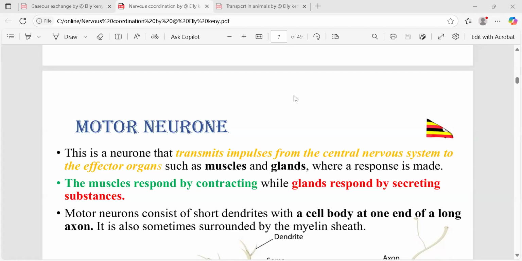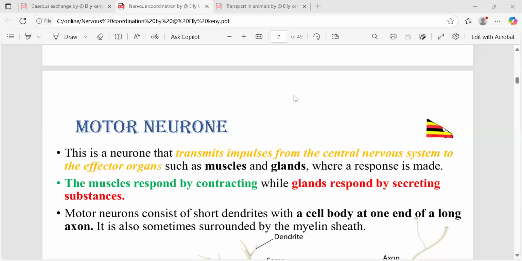Okay, so in this case, you have to identify the stimulus, which was the snake. How was it seen by the eyes? Then how did the electrical impulse flow? It moved from the eyes to the central nervous system through the sensory neuron.